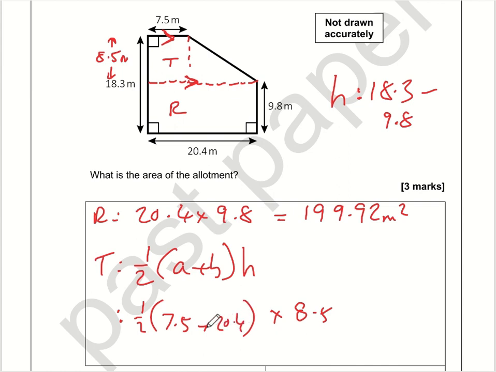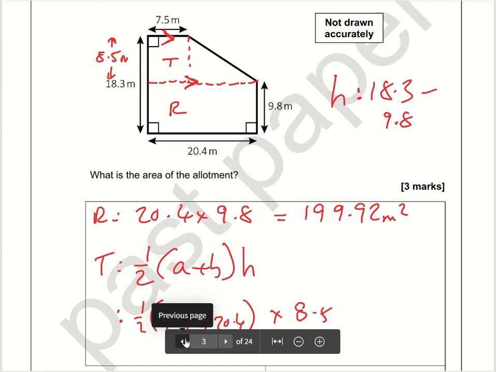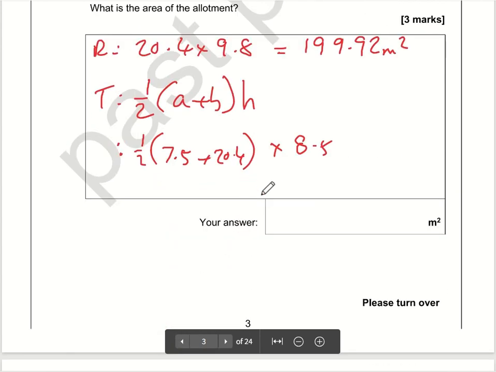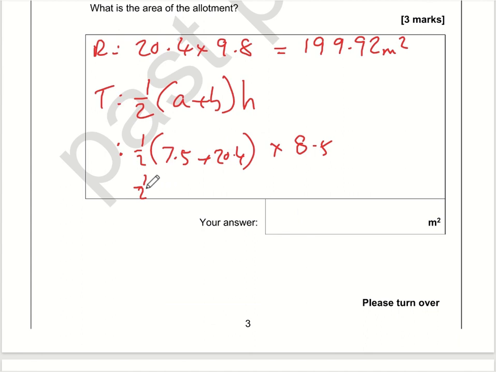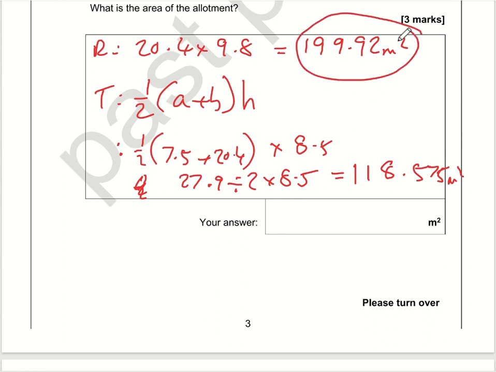So we need to add together the 20.4 and the 7.5, and that is 27.9. It's probably easier to think of it as 27.9 divided by 2 multiplied by 8.5, and that comes to 118.575 square meters.